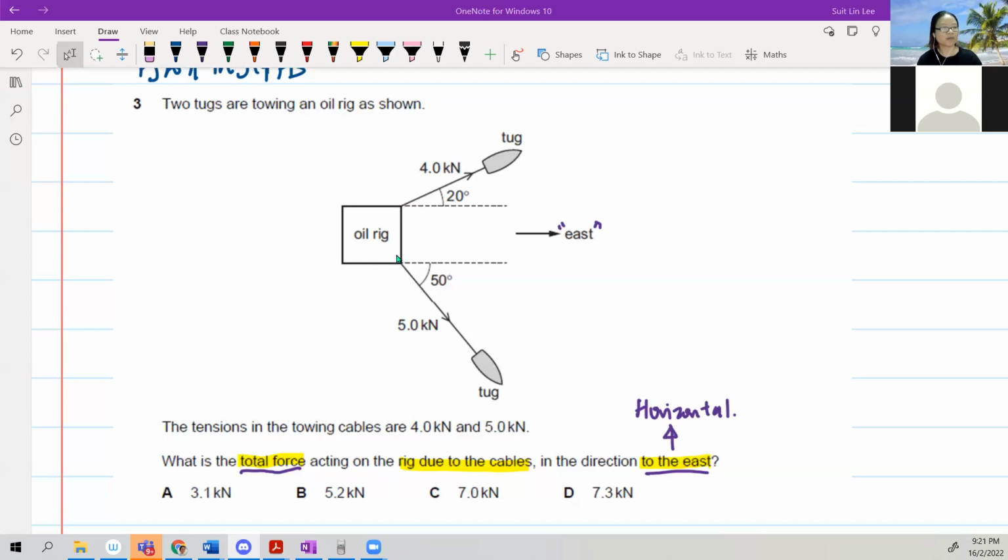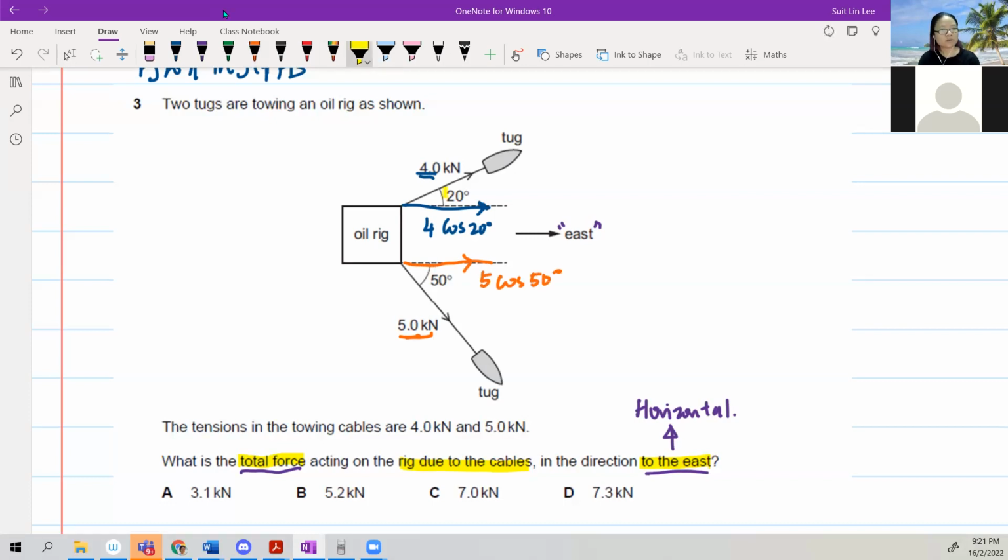C. Okay, let's just double check. So this one in the horizontal direction is right beside the angle, so you're going to go with cos. That's 4 cos 20. And then the 5 kilonewton here is also right beside, so this will be 5 cos 50 degrees.